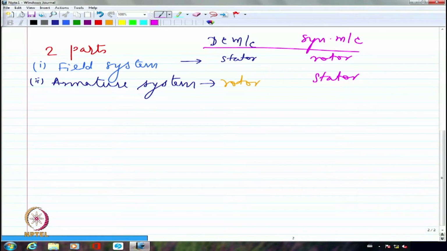But for convenience, for logistics purposes, generally we tend to arrange the two different systems in two different portions like this, right? So it need not be the case that I have to have the field in the stator or I have to have the field in the rotor.